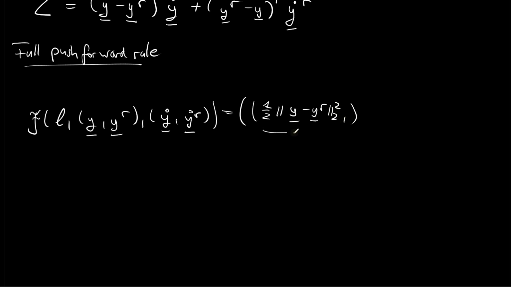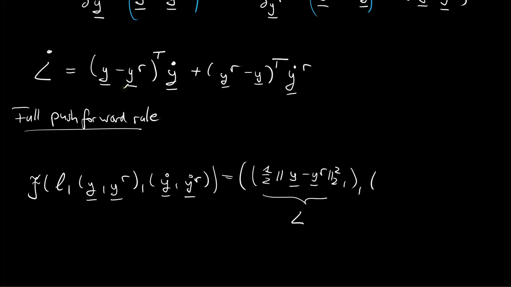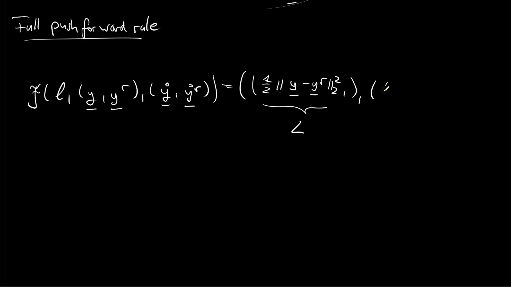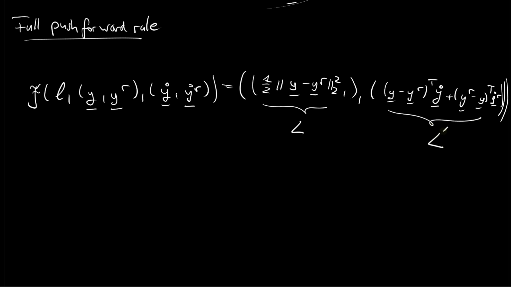This will be our primal output L, and then we get the propagated L dot in that we do exactly this computation. So we will do y minus yr in brackets transpose times y dot plus yr minus y in brackets transpose times yr dot. And let me close the brackets here. This in total will then give us L dot.